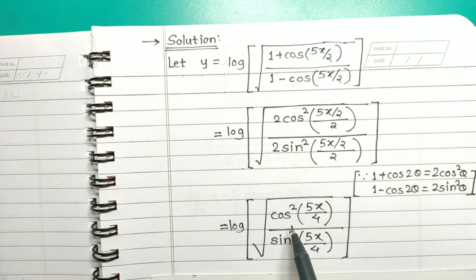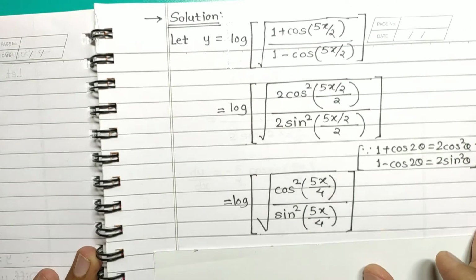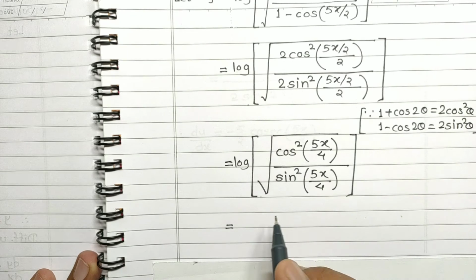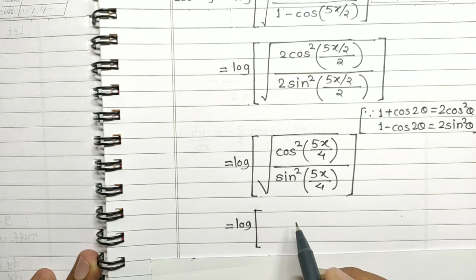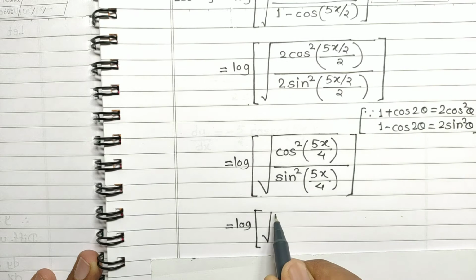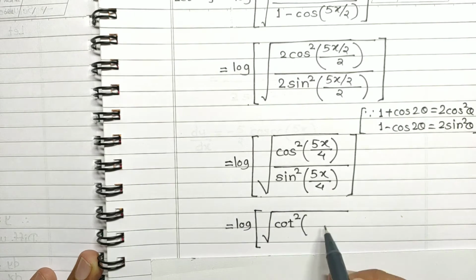Here we can write this cos square upon sine square as cos upon sine bracket square, and we know that cos upon sine is cot. So we can write this term as log of square root of cot square of 5x by 4.